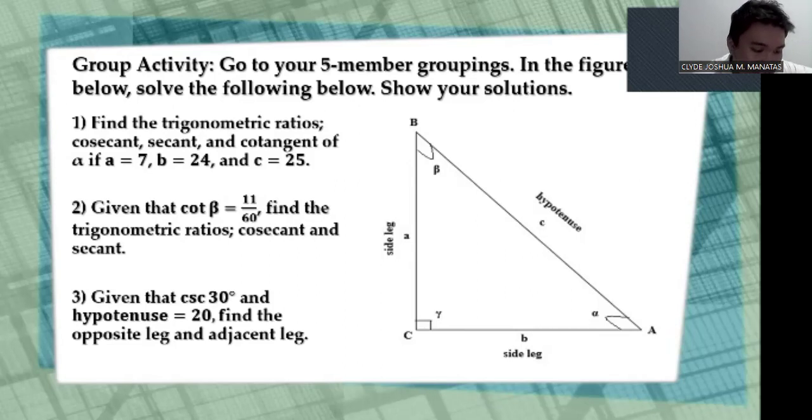Very good. It's 61. Okay, so now use everything up to find the cosecant and secant.